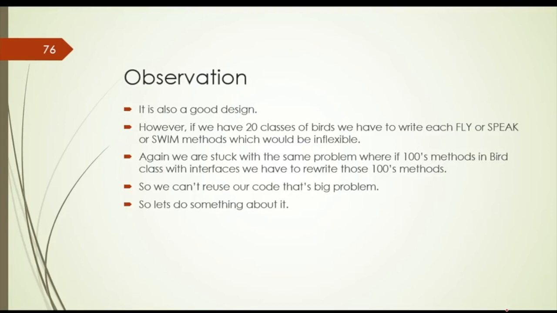You're writing the same type of code again and again, which may seem very good, but is very tedious. So again, we're stuck with the problem of 100 methods. We have to write the 100 methods again. We really want to reuse our code, and we can't do it here, so it's a big problem. So let's really do something about it.